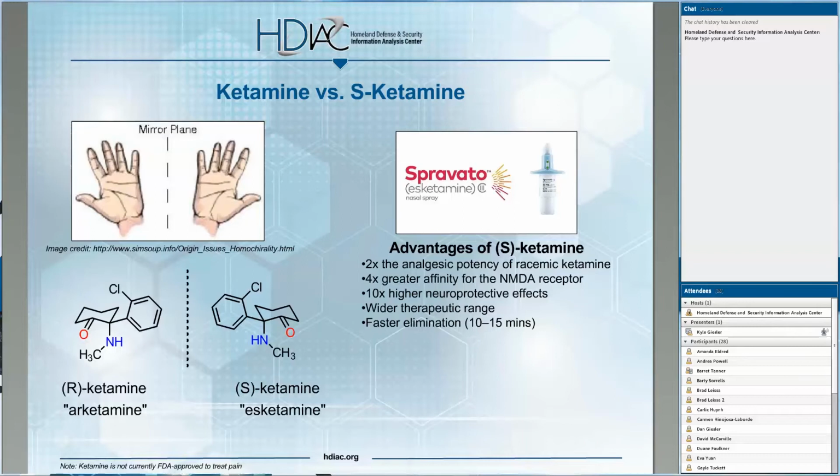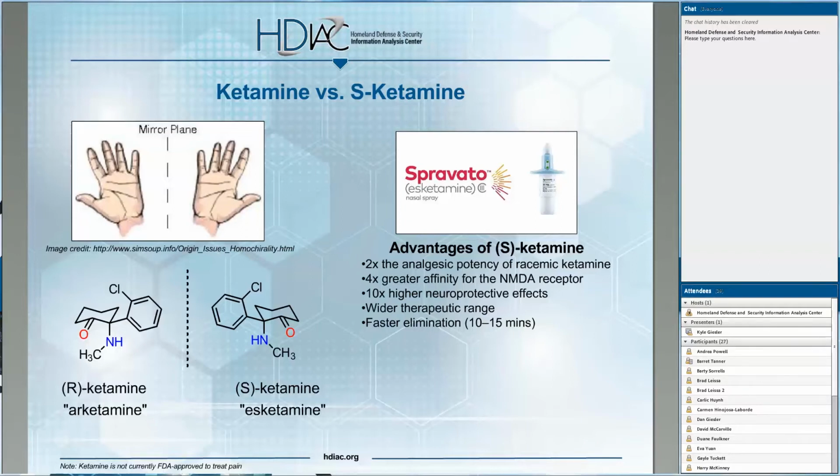And there are some advantages of producing a single enantiomer over another. For instance, S-ketamine has 2-fold the analgesic potency of racemic ketamine, racemic ketamine being a 50-50 mixture of both R-ketamine and S-ketamine. And with that, S-ketamine is also slightly more potent when it comes to its affinity for the NMDA receptor itself.